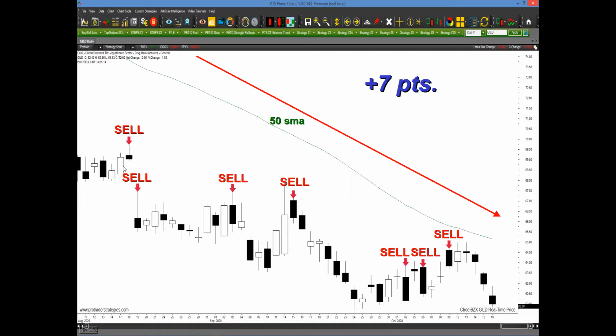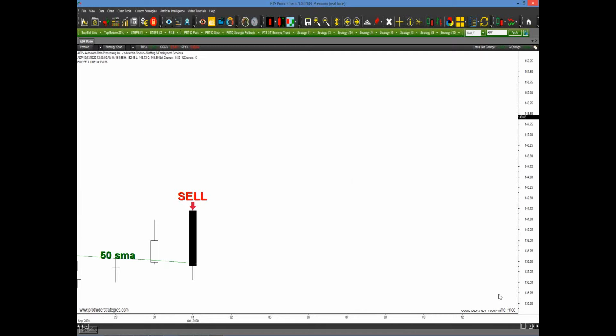If I had taken this very first signal here and held it on to this last week in October, well, gosh, that's 7 points to the downside. This is an inexpensive stock, so I could have made some nice money there. Now, here's a more advanced way to look at this, but once again, we have one close above and then one quick close below, and it was a valid strategy number 4 sell signal.